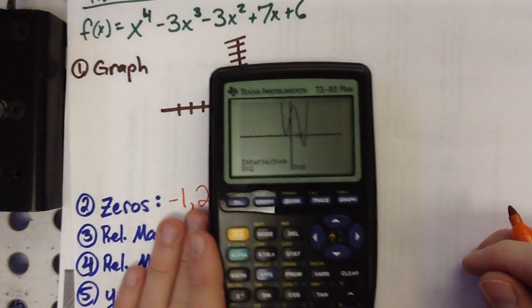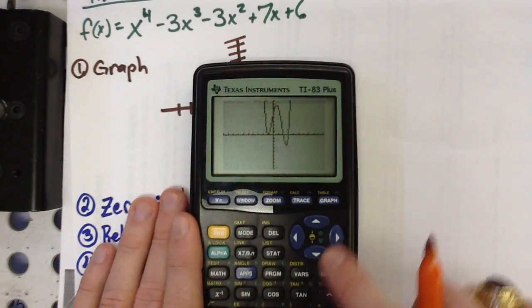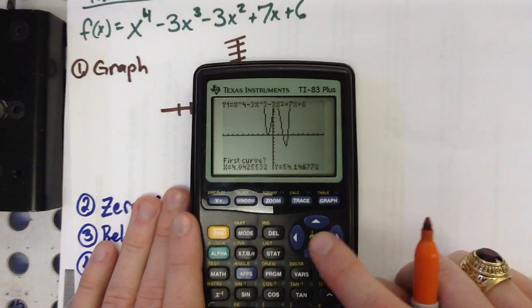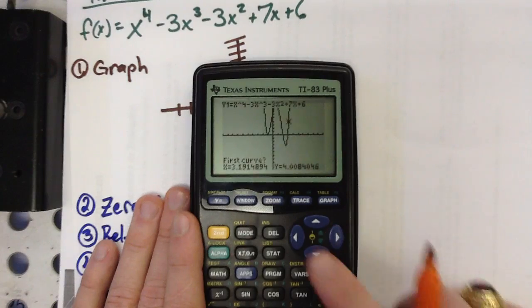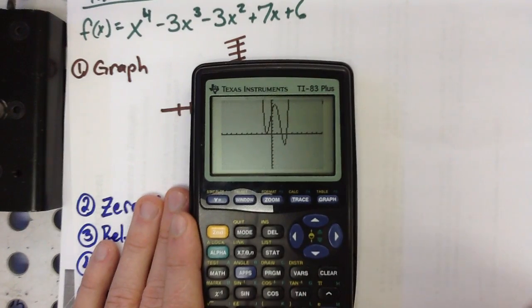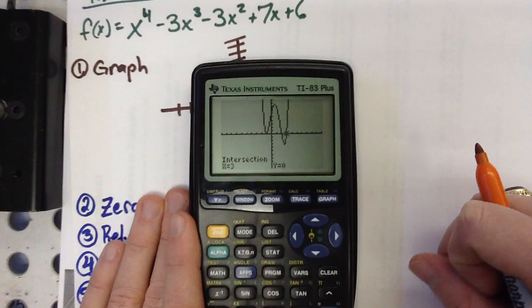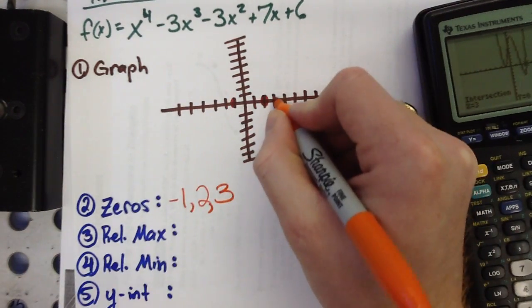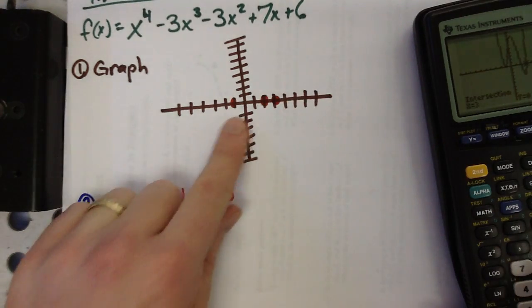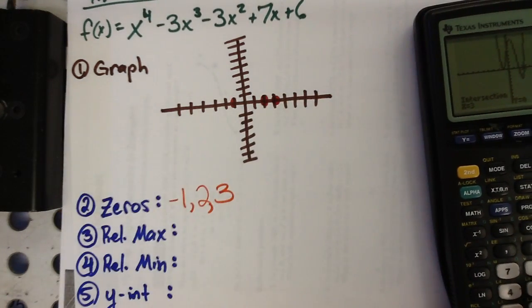And the last one, second trace, intersect. Oh, went too far that time. That moved a little faster than I expected. All right, looks like probably about 3, and yep, sure is. Okay, so negative 1, 2, and 3 on our graph. Those are our 3 zeros.